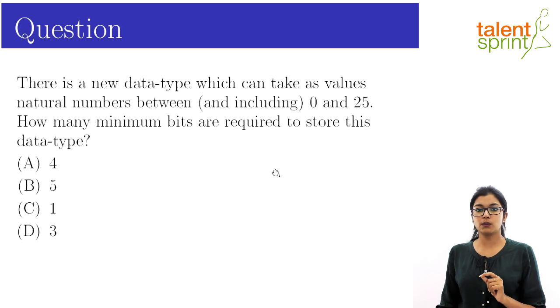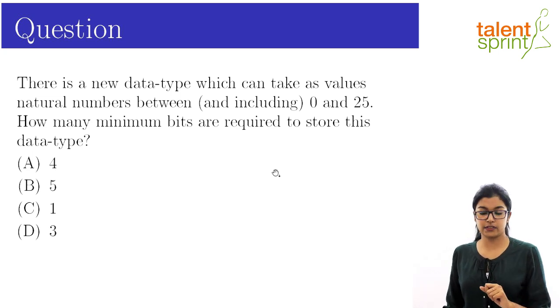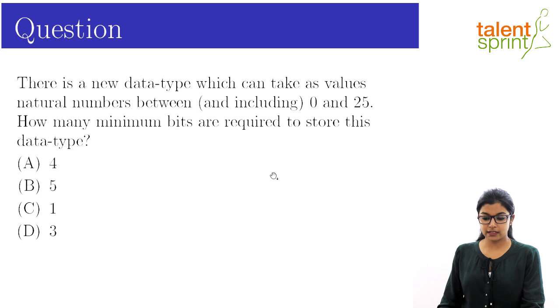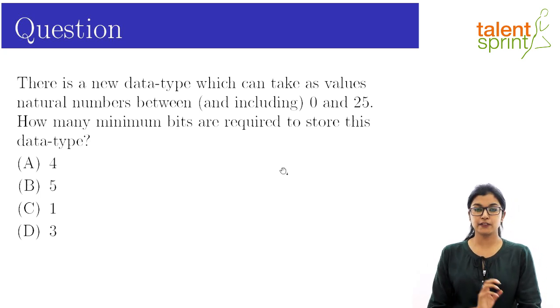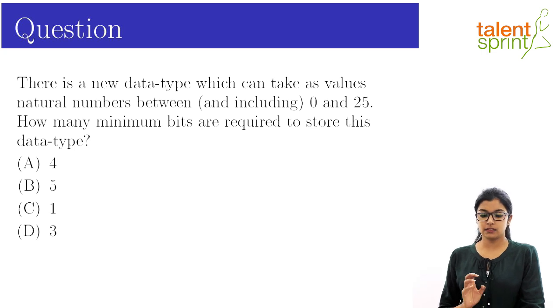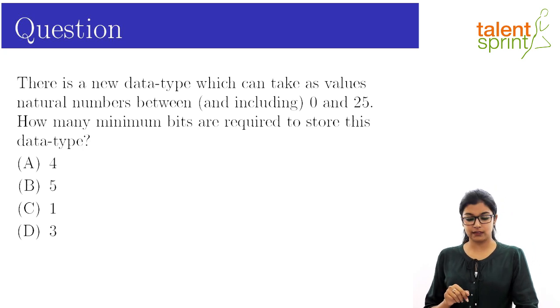Now let's quickly see a question around the last formula. There is a new data type which can take as values natural numbers between and including 0 and 25. How many minimum bits are required to store this data type? Pooja says 4 and Murli says 5.